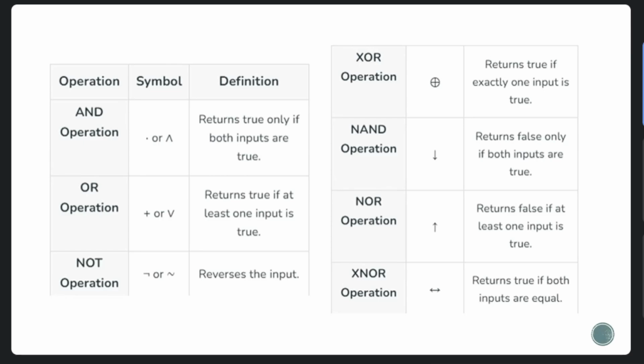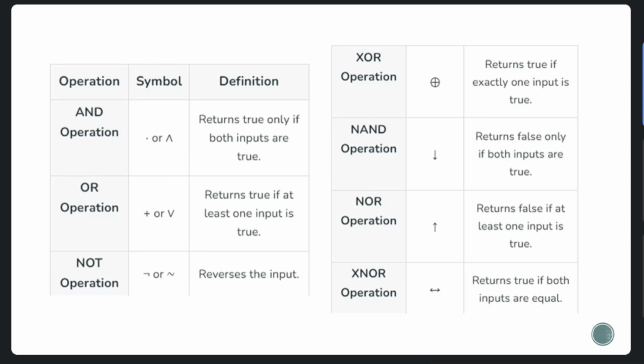The NOT operation reverses the input. It is not only for 1 to 0 or 0 to 1. It can also be A to B, B to A, or for characters. And the XOR operation returns true if exactly one input is true.